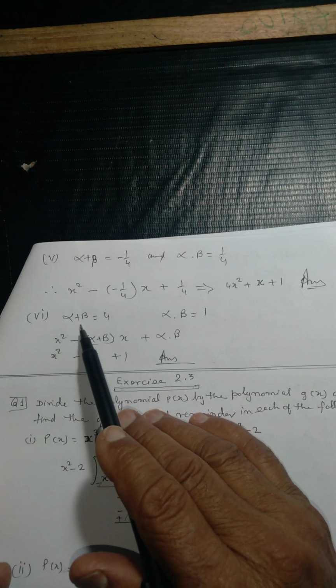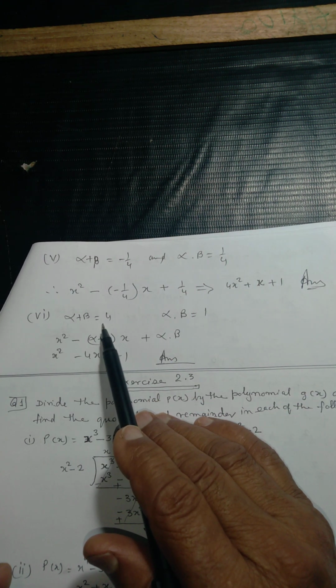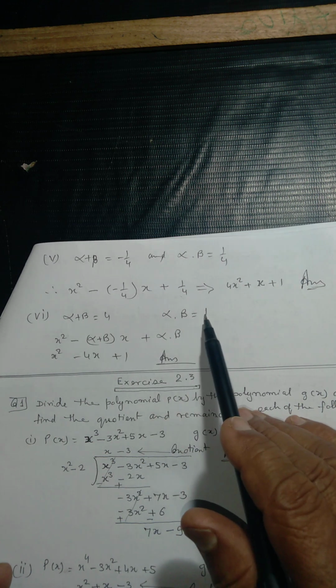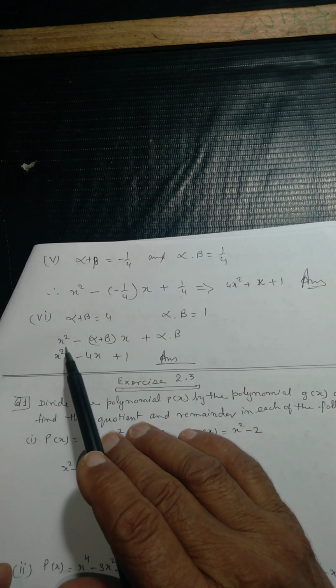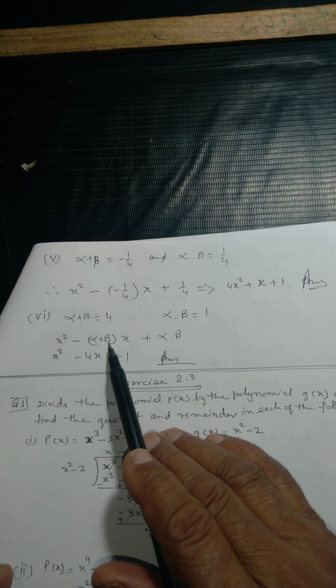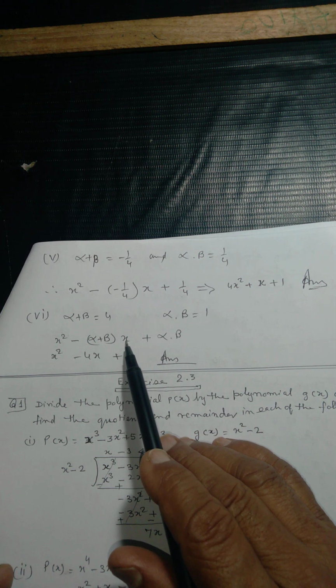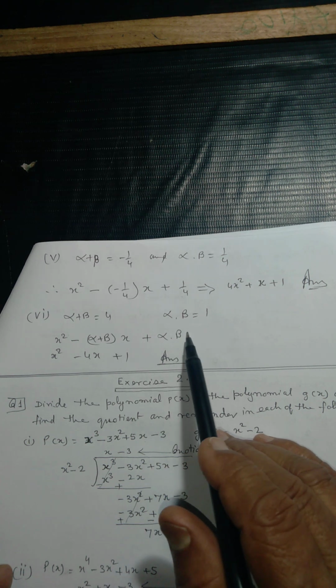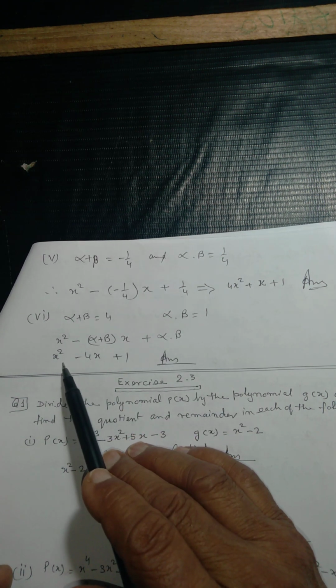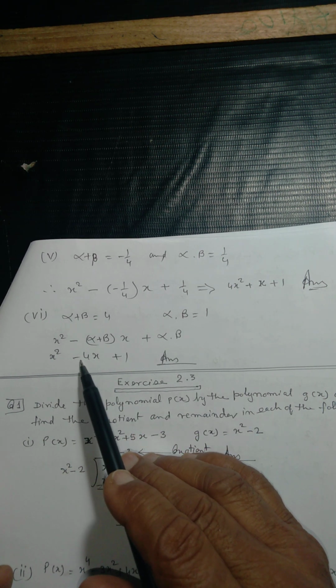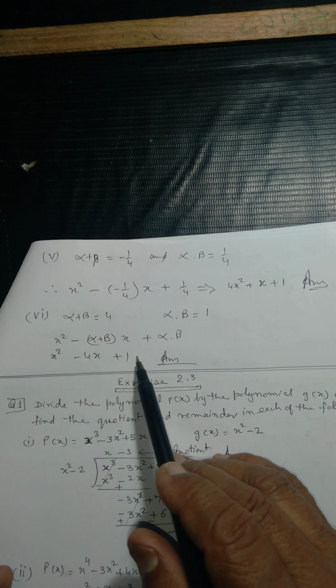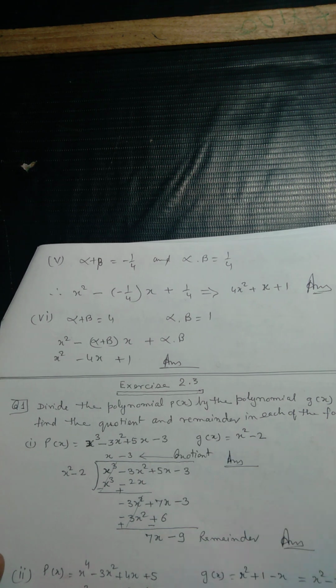Now the sixth part, that is alpha plus beta is 4 and alpha into beta is 1. So x square minus, inside the bracket, alpha plus beta, x plus alpha into beta. Now substitute the values, x square minus 4x plus 1. This will be the answer of this question.